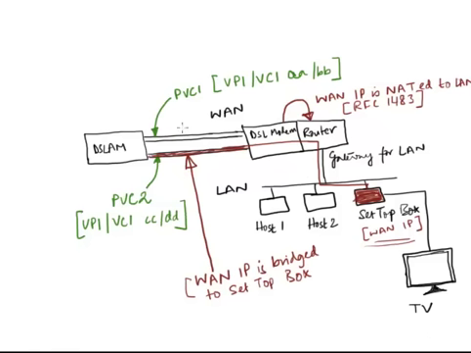As we can see in our example, we have two PVCs set up for two services. One PVC is dedicated to data or internet access, and the other one is dedicated to TV service.